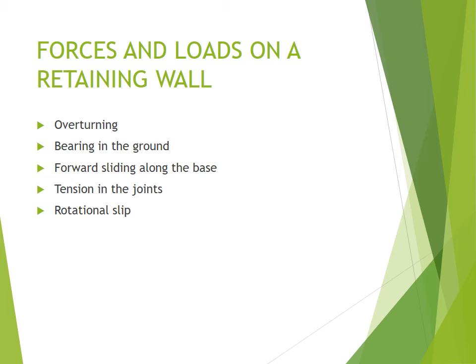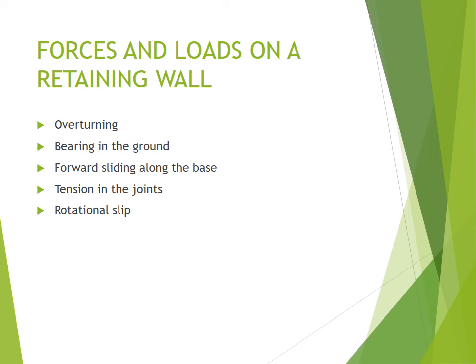Now we look at the tension in joints. The tension in joints normally occurs in a gravity retaining wall, which is made up of bricks or masonry, where we have joints between the bricks. In this case, compressive stresses will be set up due to the weight of the wall.